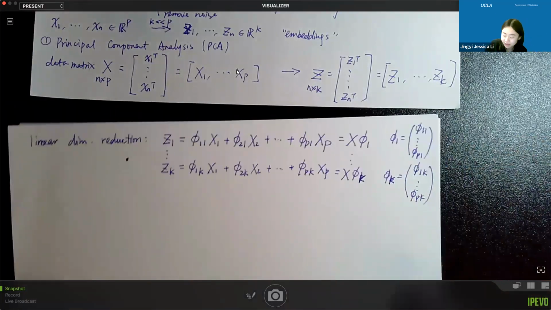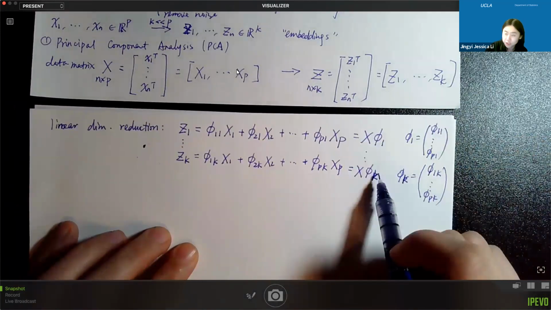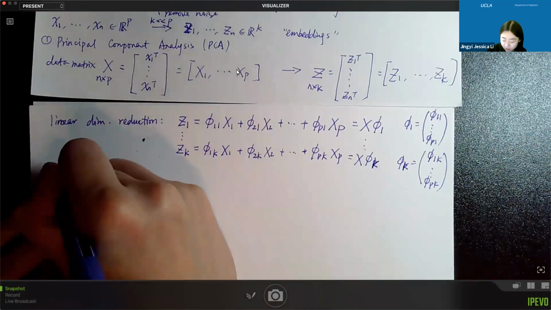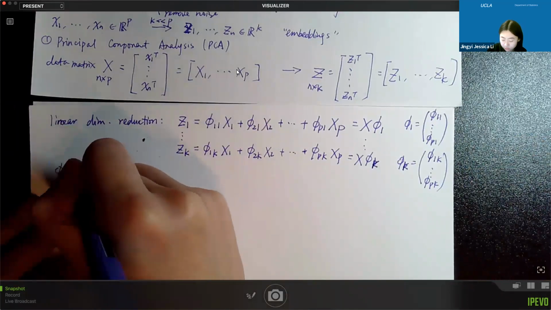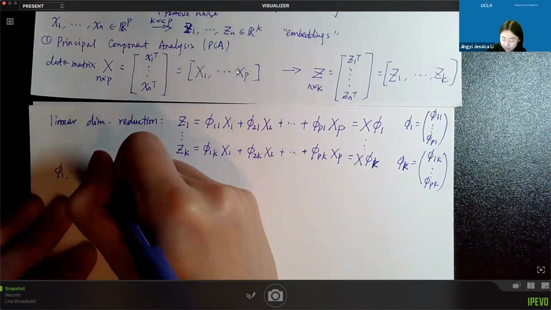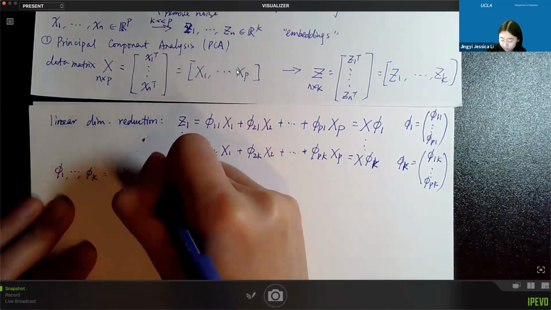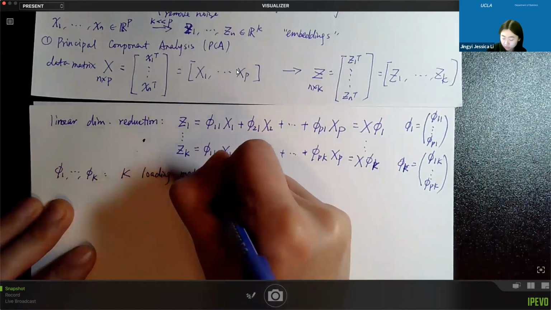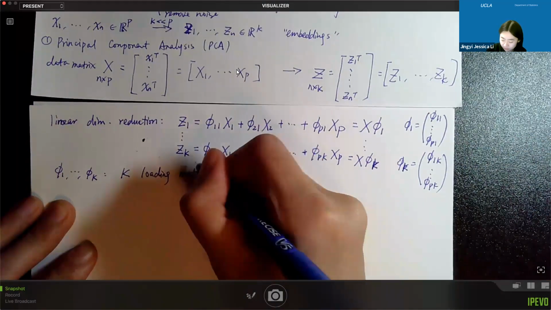I give these weight vectors a name. I call phi1 to phik the k loading vectors.